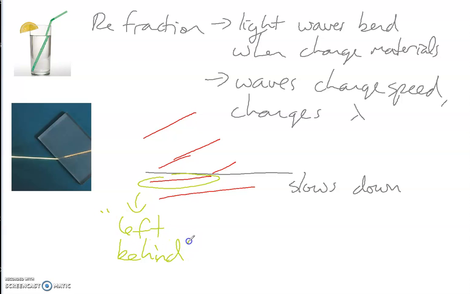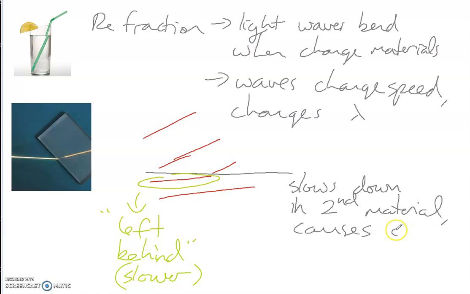Okay, not really, but it's sort of left behind, and that's what causes it to change direction. So since it's left behind, because this is the part that is actually slower, that's what actually causes it to change direction. So it slows down in the second material, and that causes an overall direction change.